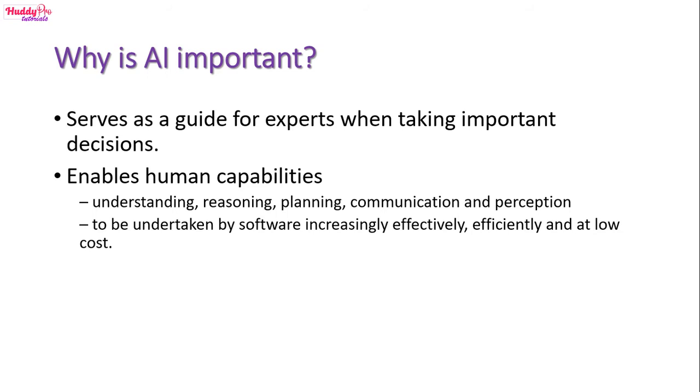AI is important because it serves as a guide for experts when taking important decisions. Artificial intelligence technology is important because it enables human capabilities, and these capabilities include understanding, reasoning, planning, communication, and perception.